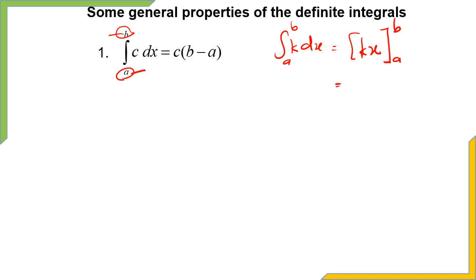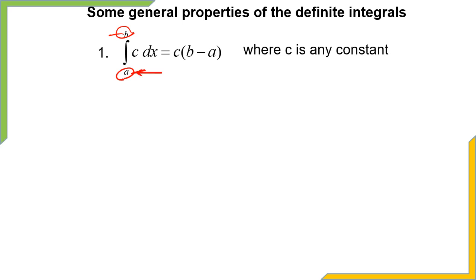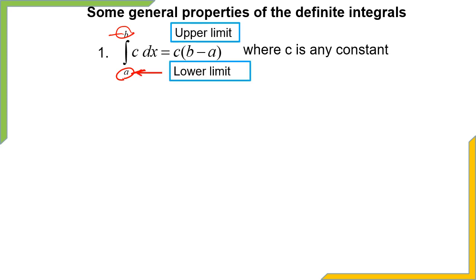So what we need to do is substitute the value of x from b, and then minus k multiplied by a. That's why we can factorize out the constant k and then b minus a. This is the longer way. Directly you can use the properties, which is just substitute b minus a into the function. Here a is the lower limit, b is the upper limit.